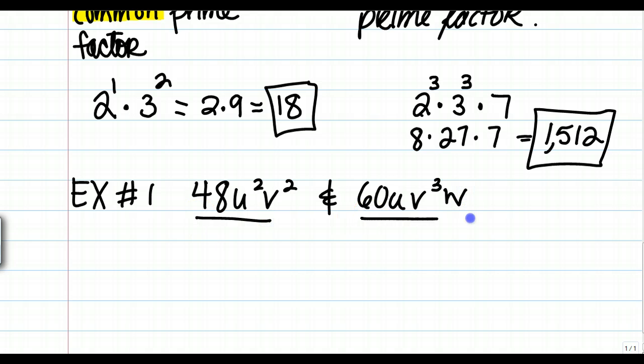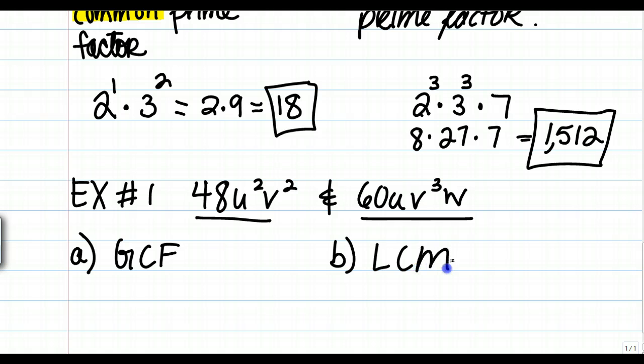These are my two numbers, and I want you to A, find the GCF of them, and B, find the LCM. If you know what the biggest number that goes into 48 and 60 is, you don't have to do the factor tree. But if you're not sure, then you're going to have to go ahead and do the trees.